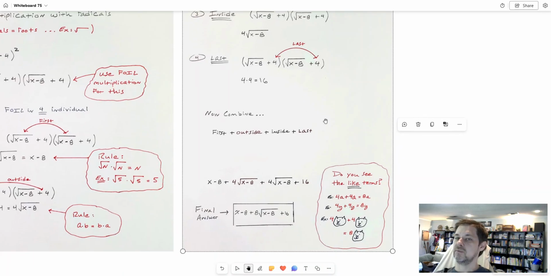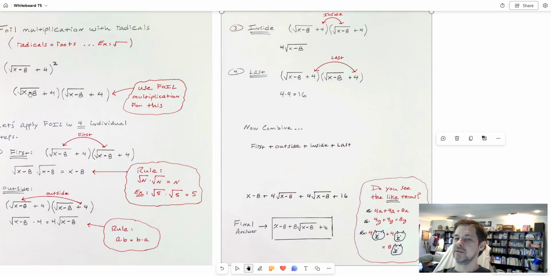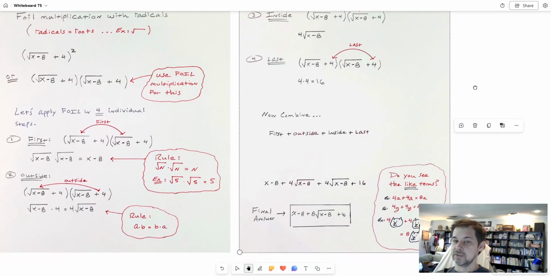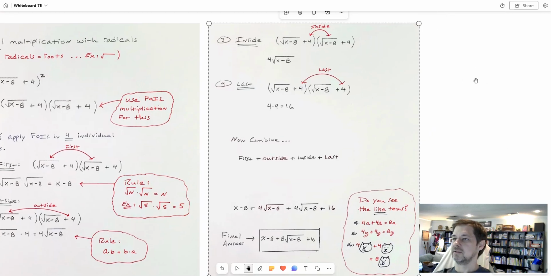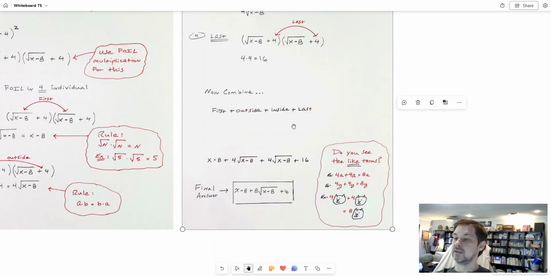Now, with FOIL multiplication, we're supposed to do all that. We're supposed to multiply the firsts, the outsides, the insides, and the last, and that's what it looks like. But our result is first plus outside plus inside plus last.